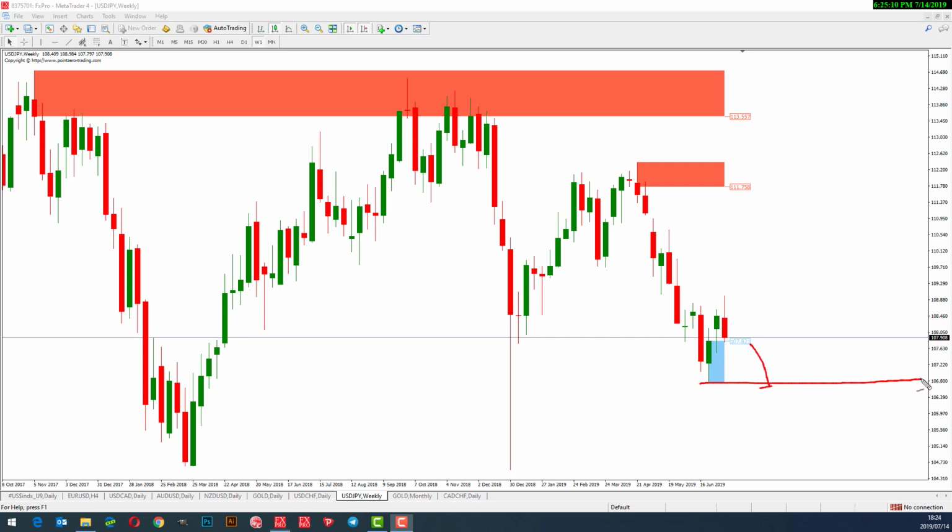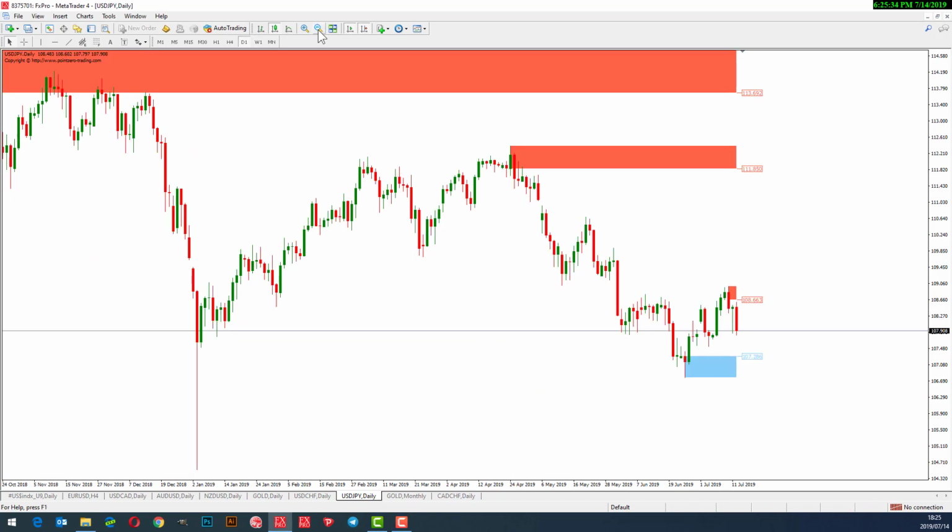It has to test the 106,800 price area in the coming week, or, be that as it may, in the following week. So bearish evidence is quite strong on USDJPY. Let me dive down to a daily time frame, then you can clearly see.